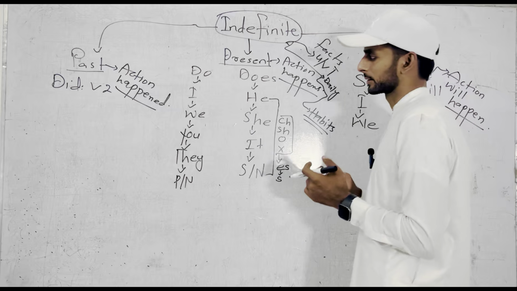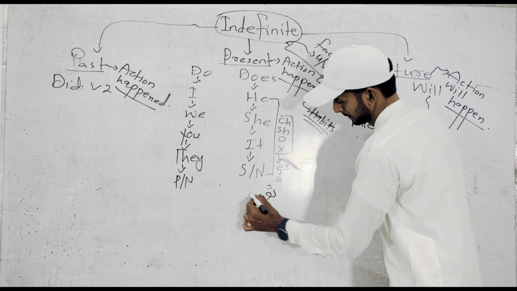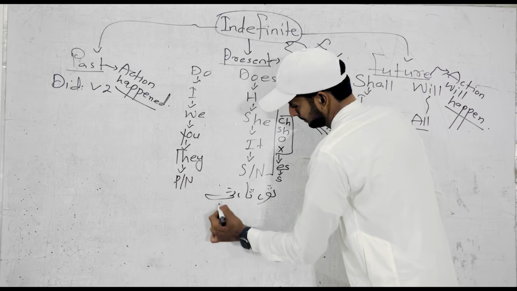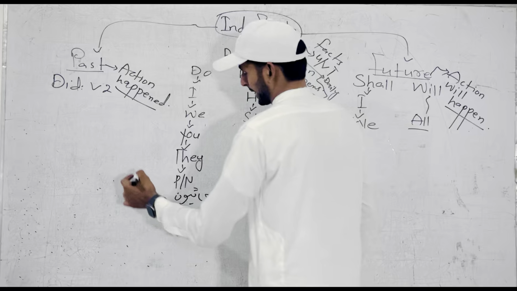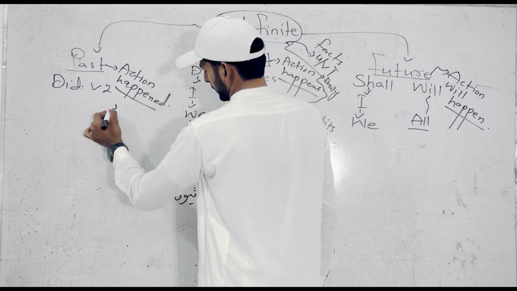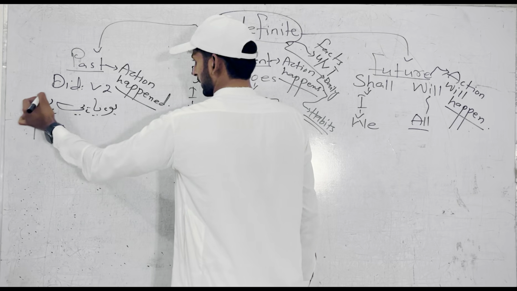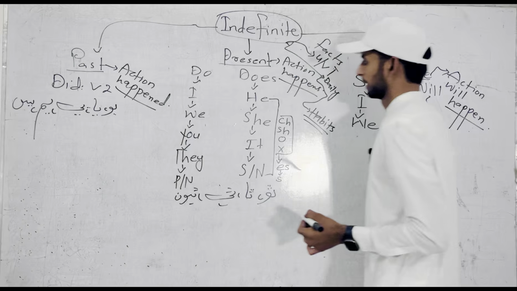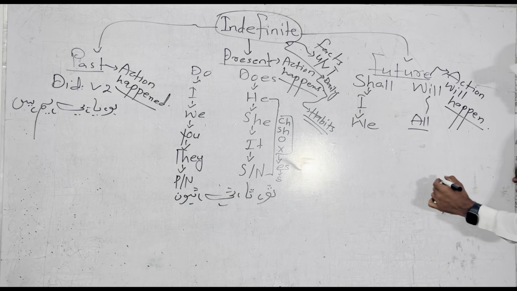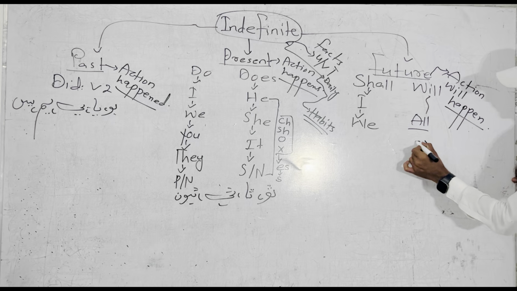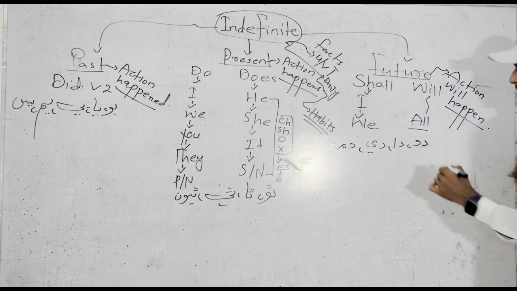At the end of the sentence, the signs will be like this: tho, tha, thi, thiu, etc. In past indefinite, the signs will be like yo, ya, yun, yus, etc. And what will be the signs of future indefinite tense? It will be like do, da, di, dum, etc.